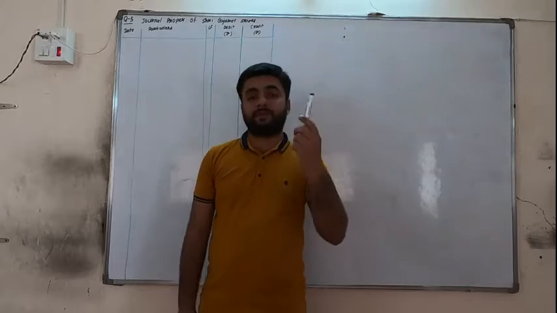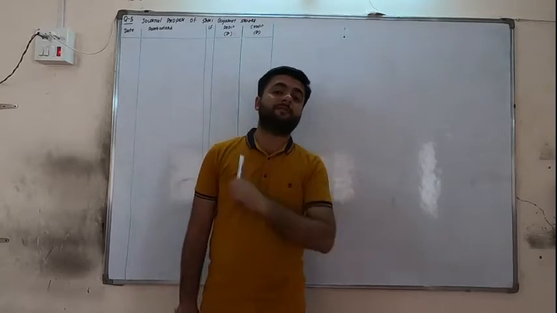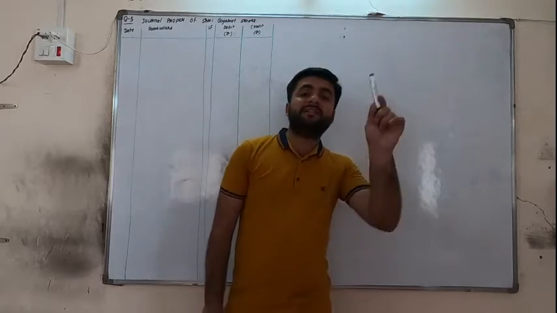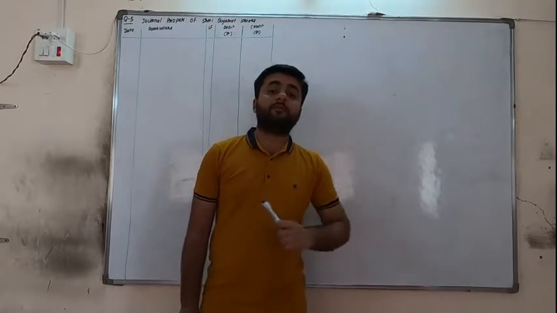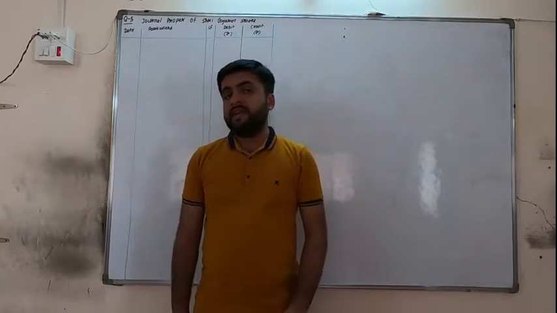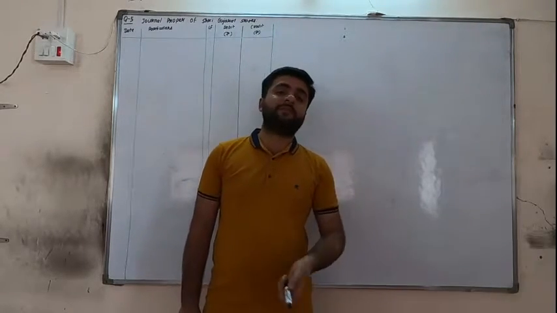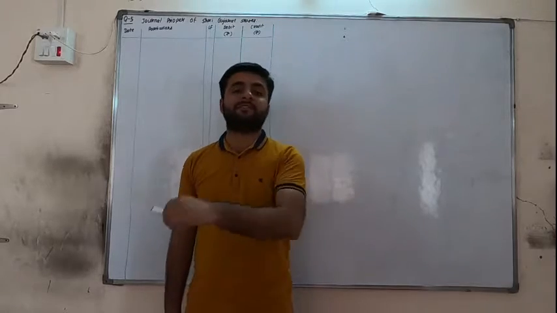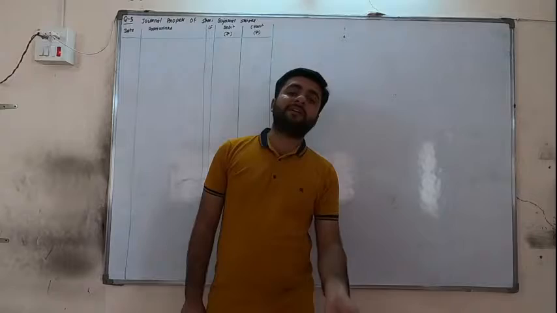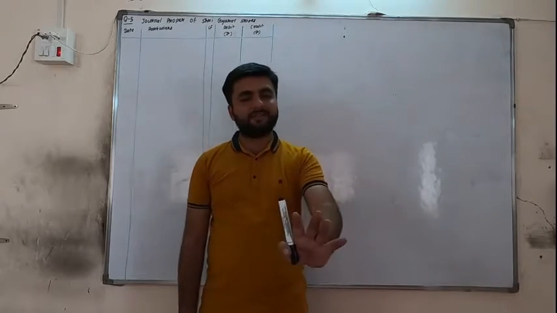So that person's account will be debited and bills payable will be credited. See, both have opposite entries: for bills receivable, bills receivable to person, and for bills payable, person to bills payable. And the entry is opposite for payment. If we are receiving the money for bills receivable, cash is received, so cash debit and bills receivable credit. If we are paying the money for bills payable, bills payable debit and cash credit. So this is the simple logic.